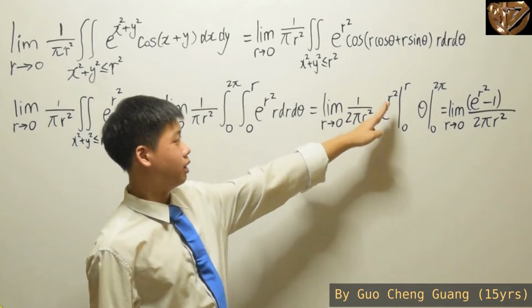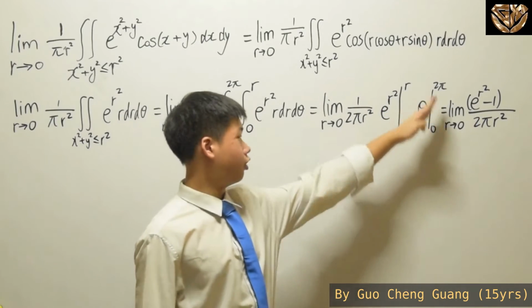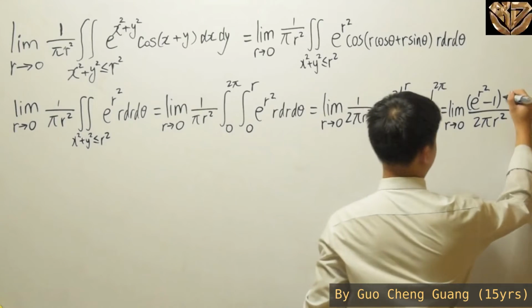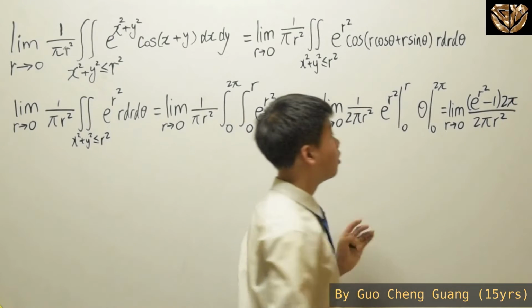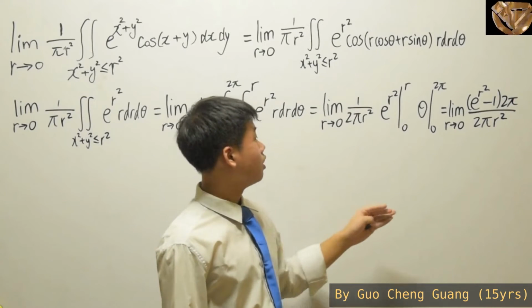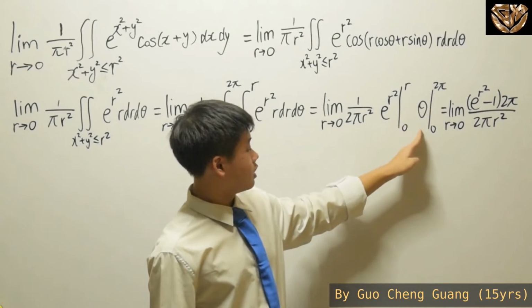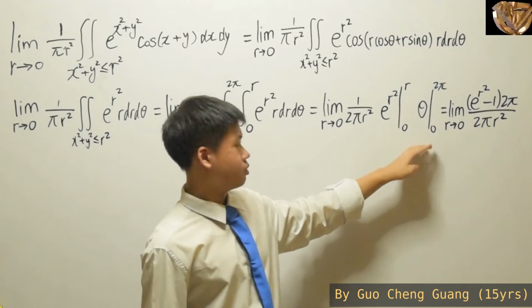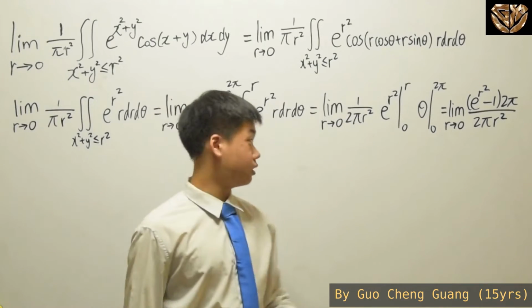And 0 is e to the power of 0, which is 1. And for your theta, it's just going to give you 2 pi. Okay? So, this part gives you 2 pi. Well, of course, minus 0, that part doesn't matter.